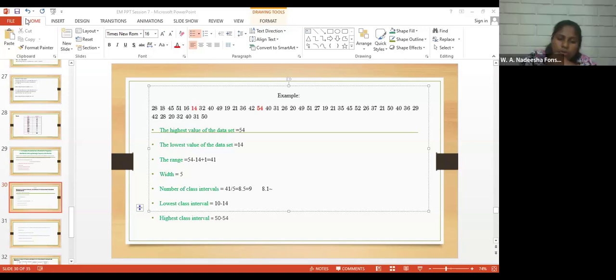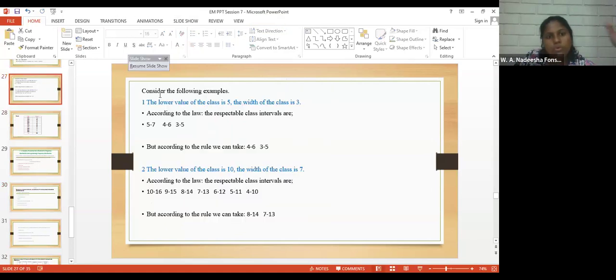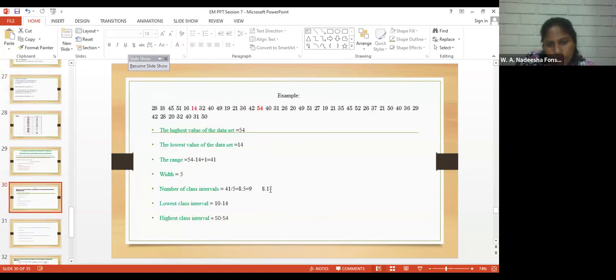So then we have to define the lowest class interval, which we did in the last lecture. To find the lowest class interval, the lowest value of the data set is 14.